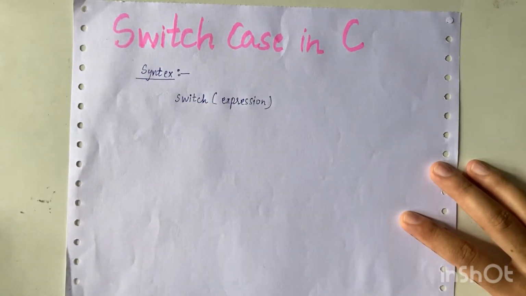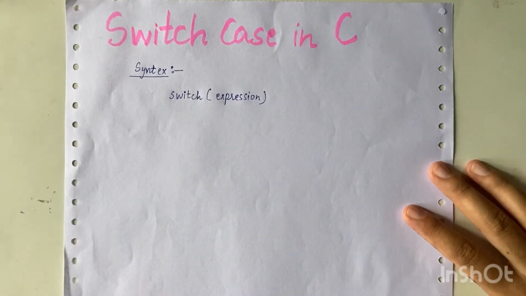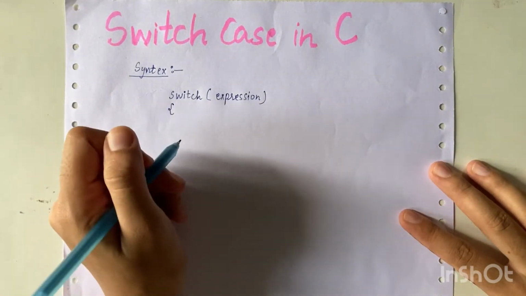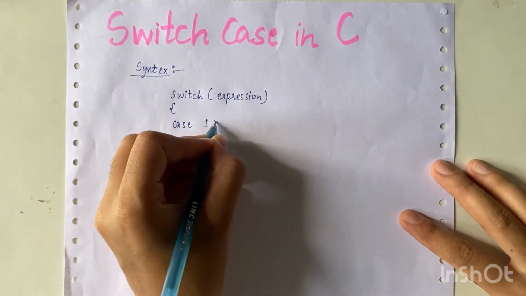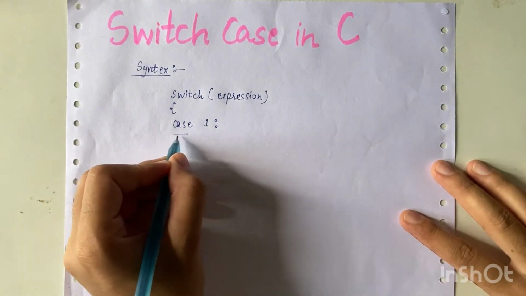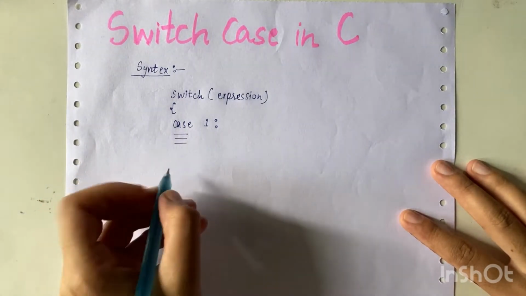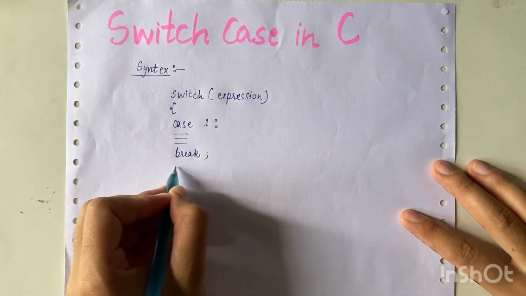Then we have the case block. We open a block and here we write the cases, case 1, then a colon. Then we have some statements inside this case and then break. After every case we use break.